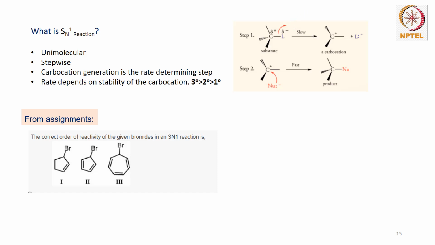Now the components involved in the rate determining step define the rate of the reaction, or are involved in the rate law. You know about the rate law? Rate equals rate constant times concentration.